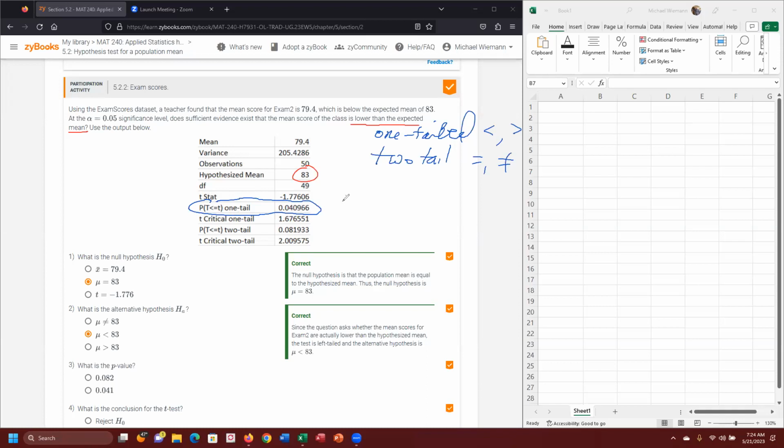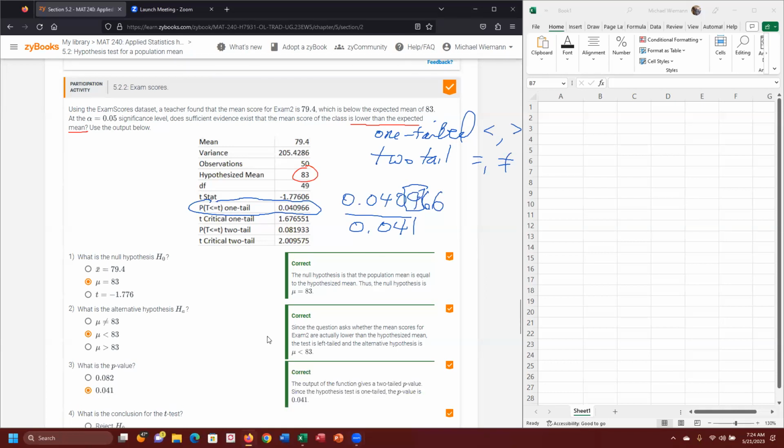And in this case, if I look at 0.040966, they want this guy as 3 decimal places. So I'm looking at that, using that 9 to round up. So that 0 is going to become a 1, so 0.041 in this instance. So I'm utilizing that to get that answer.